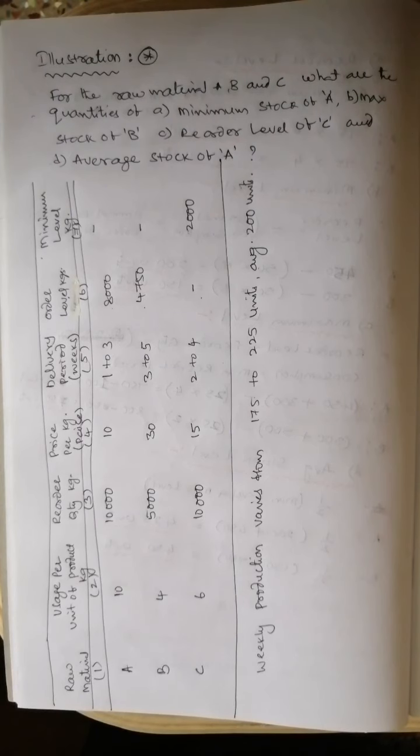Thoroughly read the information given in the problem and compute all the levels which are asked, like the minimum stock level of A, maximum stock level of B, reorder level of C, average stock of A, and complete the process. Thank you.